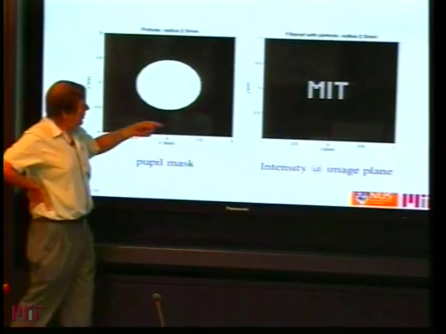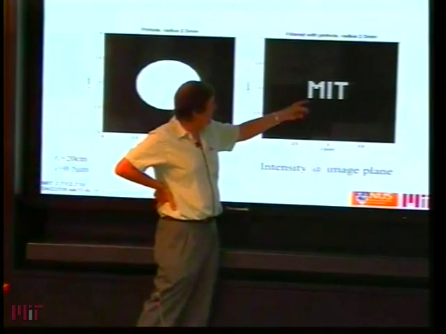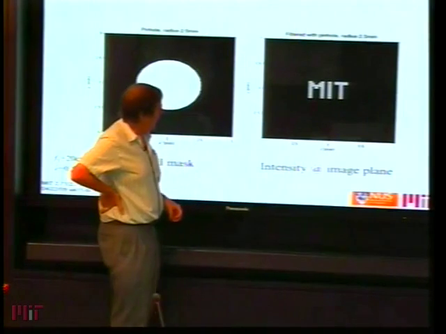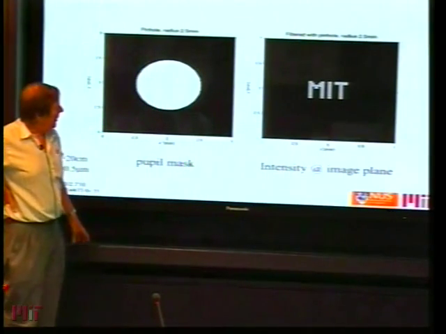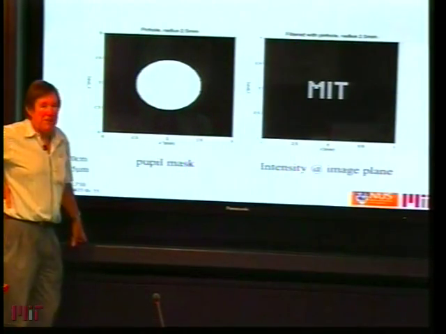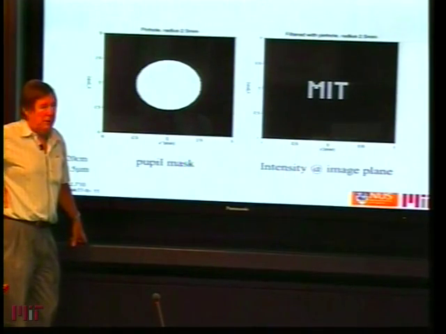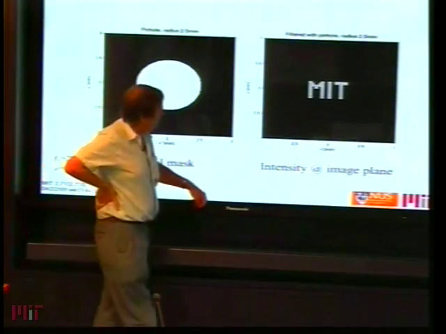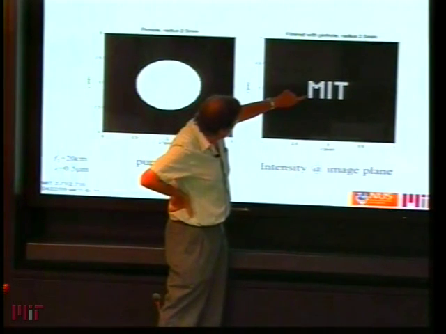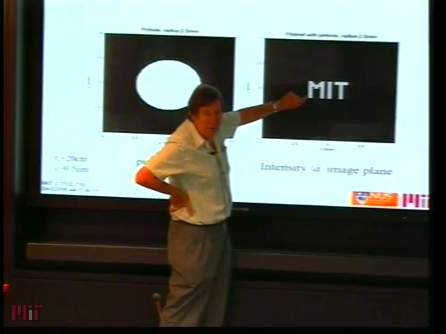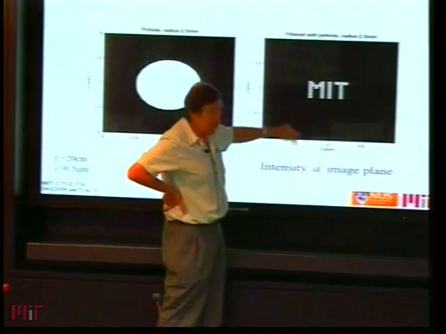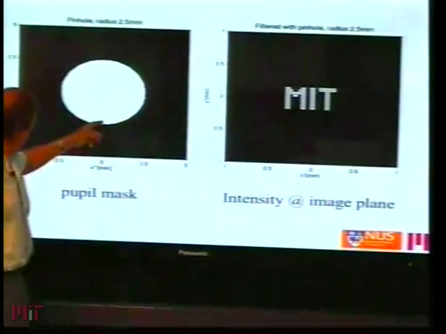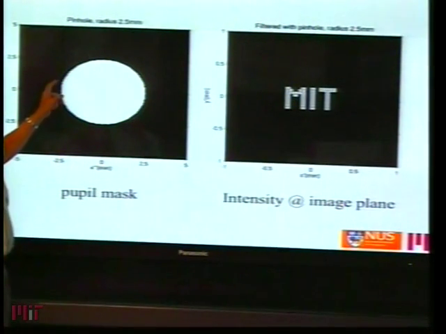So this is what the image looks like in this case. You see that there's already a bit of artifacts in that image. You can still read it as MIT, but you see that inside the letters, there's some structure there which is not really present. So this is some sort of edge ringing, I guess, from the fact that this aperture has got this sharp cutoff at some particular spatial frequency.